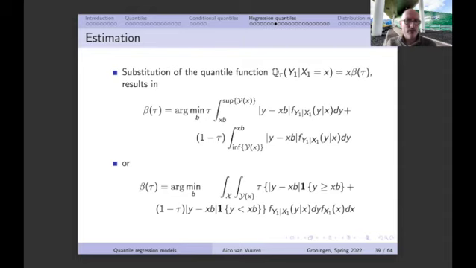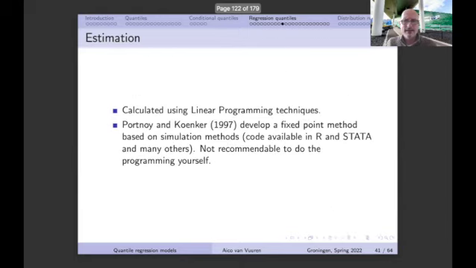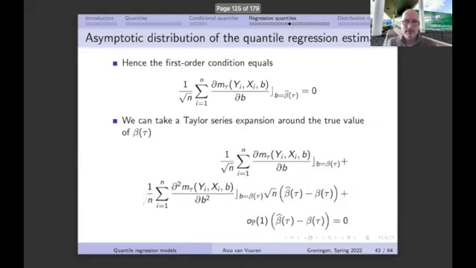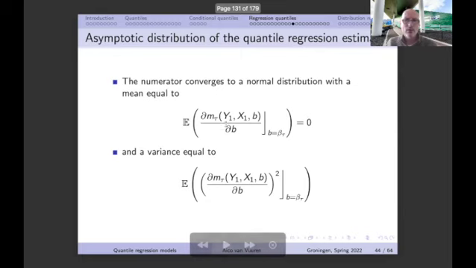If we look at the minimum of this m function, then we get exactly that thing that we had over there. So what we have here is the left-hand side of the first order condition of the minimization problem. Of course, the right-hand side is always equal to 0, so this left-hand side should also be equal to 0. So for the normal distribution, we know that the mean is going to be equal to 0.